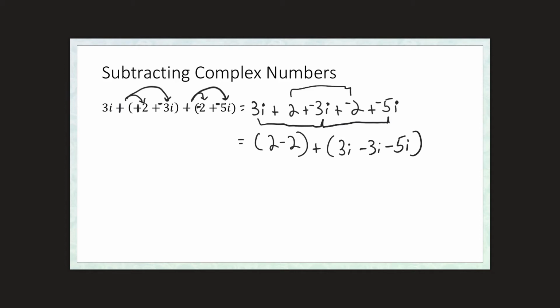And by simplifying 2 minus 2, which is 0, and 3i minus 3i, which is 0i, minus 5i is negative 5i. I can come up with my solution, which in this case, we can write as just negative 5i. Or in standard form, we could have kept it as 0 plus negative 5i.